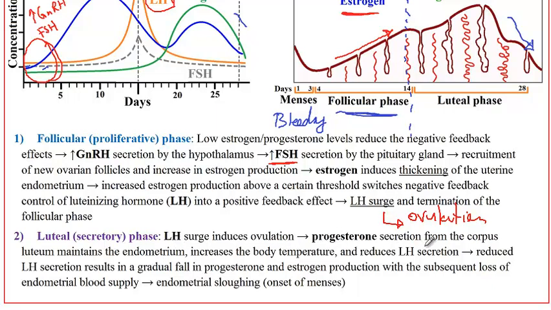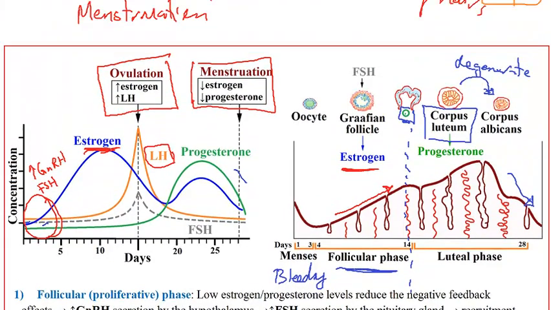There would be progesterone secretion from the corpus luteum in order to help maintain the endometrium, increase body temperature, and reduce luteinizing hormone. So the corpus luteum, which was the remnant of the follicle that has released the egg, will produce progesterone in order to continue maintaining the endometrial wall, increase body temperature, and also to decrease secretion of luteinizing hormone.